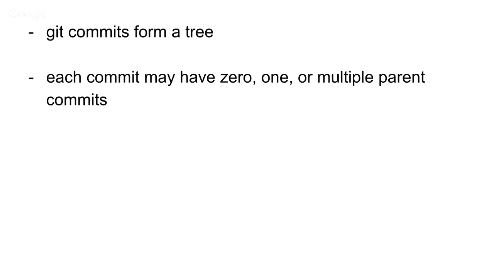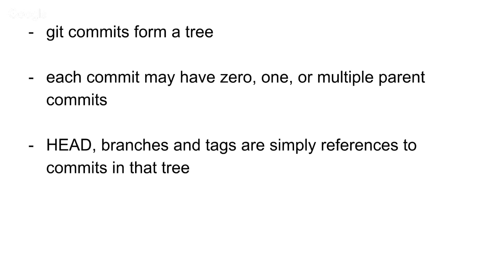And as we said, a commit can have no parent, can have one parent, which is most often the case, and can have multiple parent commits. And when you have this tree, then HEAD, branches, and tags are simply references to those commits. So we can imagine a tree with branches, like a real tree.